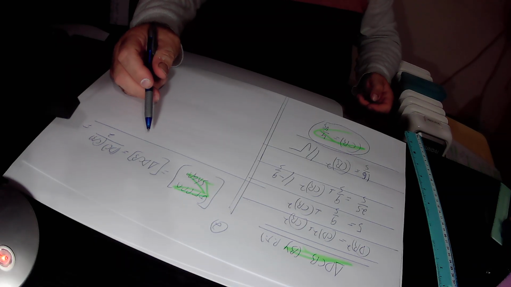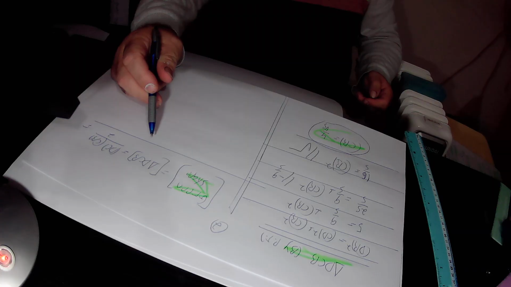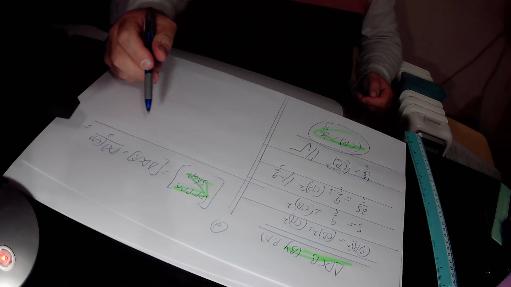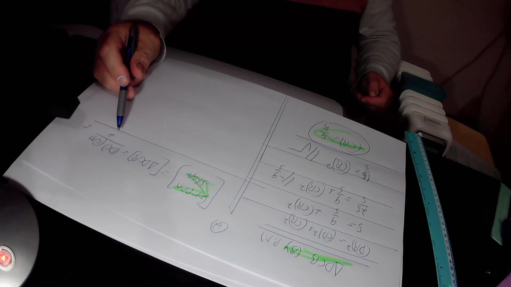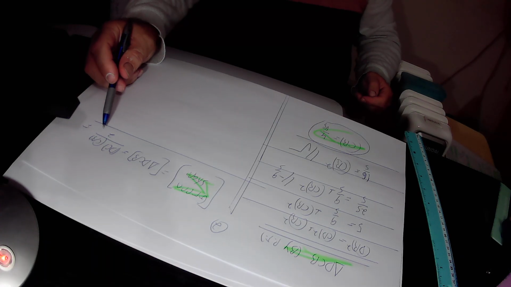And the area of this green right triangle, which is true for the area of any triangle, equals the base DC times the height CB over 2.